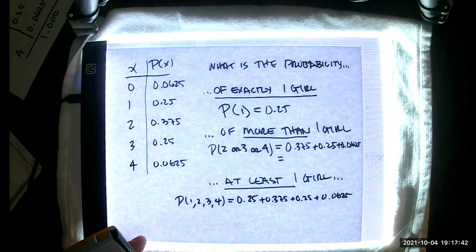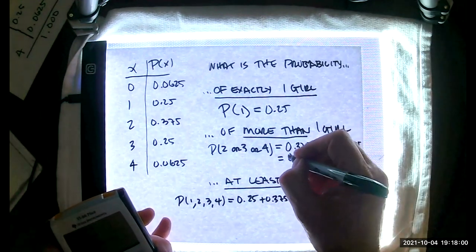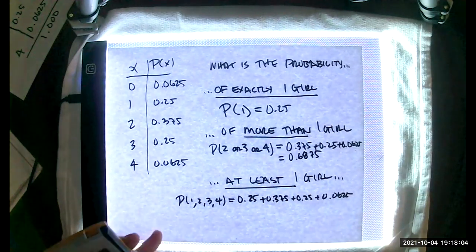For example, 0.375 plus 0.25 plus 0.0625. What did I get there? 0.6875, and then I can round that if I need to.